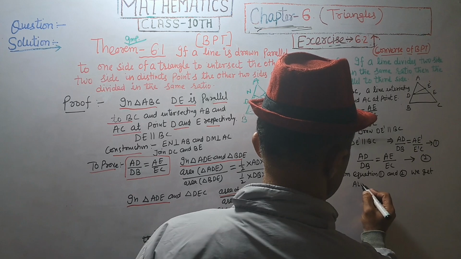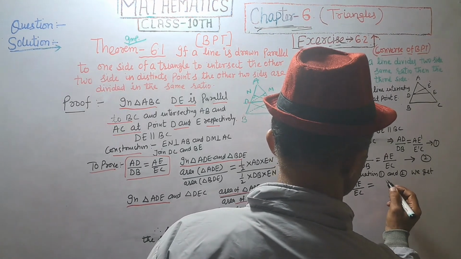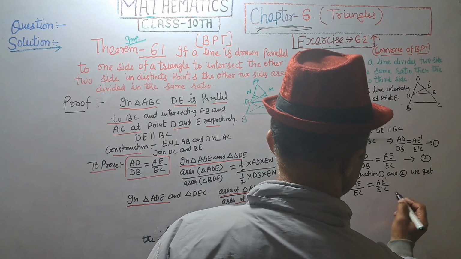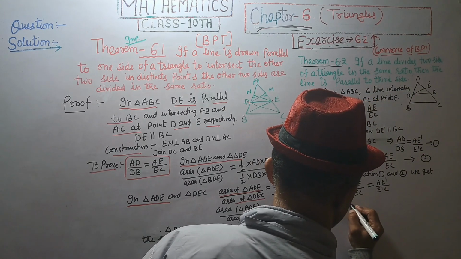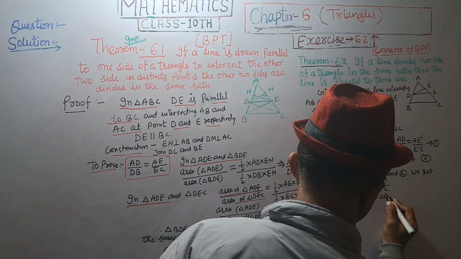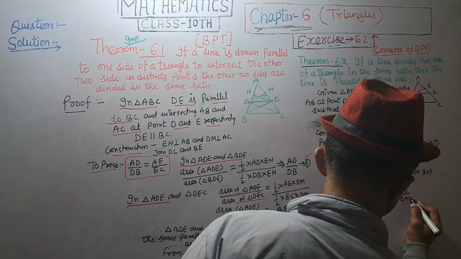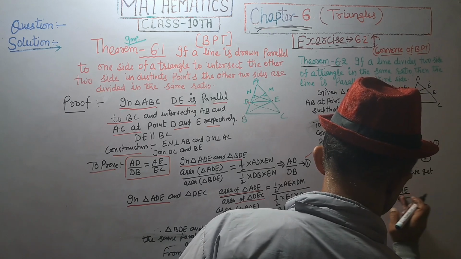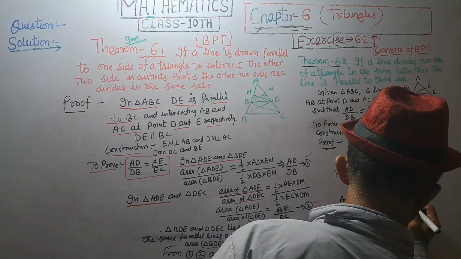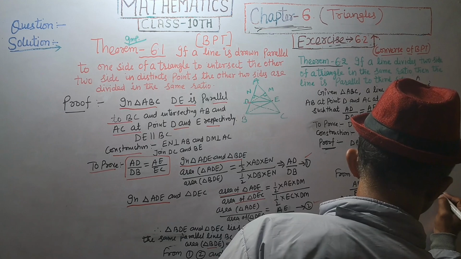That is, AE upon EC is equal to AE dash upon E dash C. Adding 1 both sides, AE upon EC plus 1 is equal to AE dash upon E dash C plus 1.